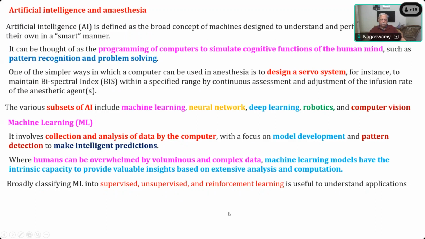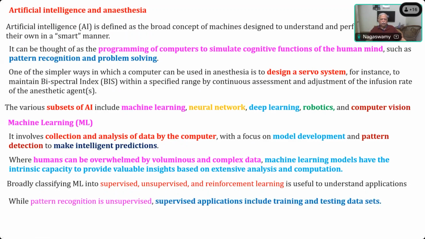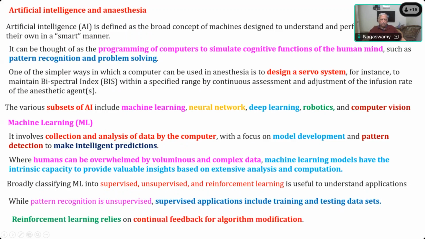And here it is classified as supervised learning, unsupervised learning, or reinforcement learning. Supervised applications include training and testing data sets, and reinforcement learning relies on continuous feedback for algorithm modification.